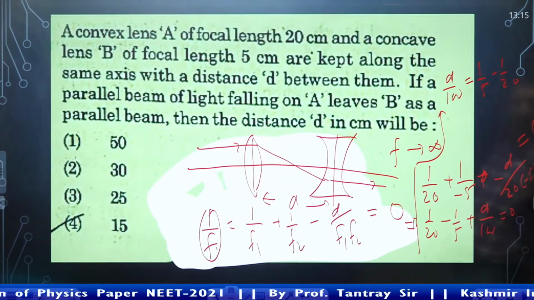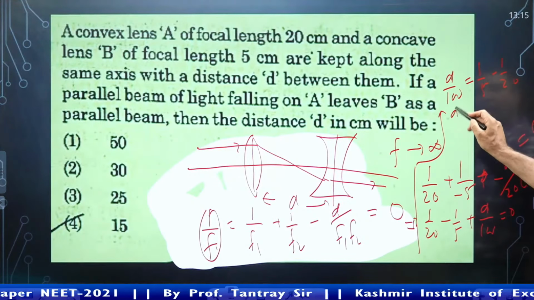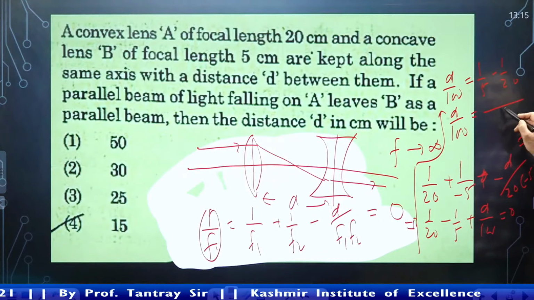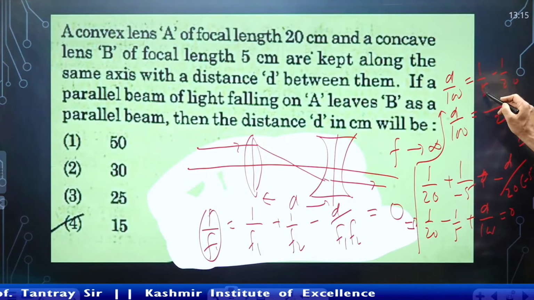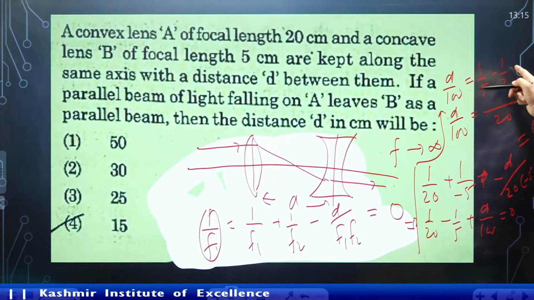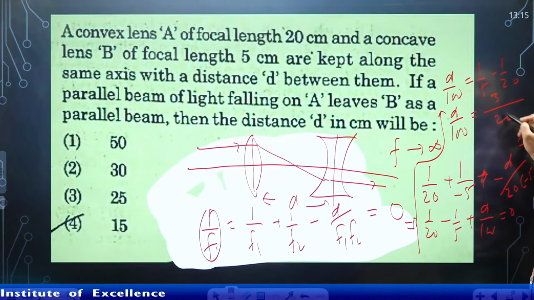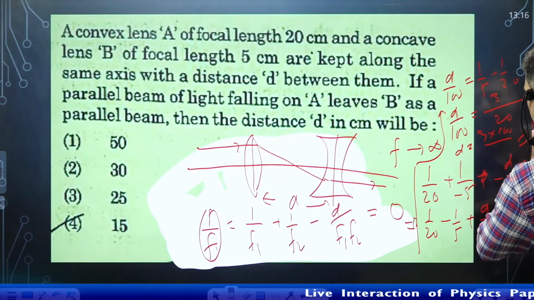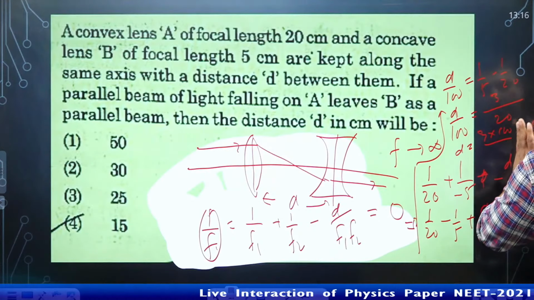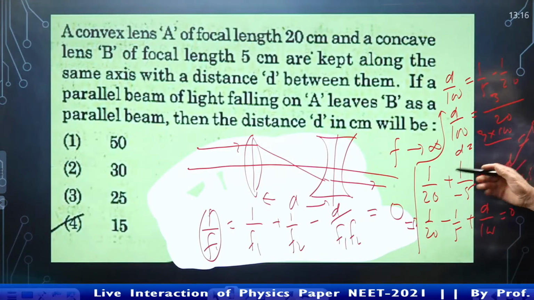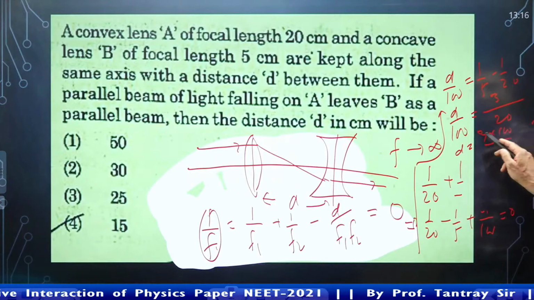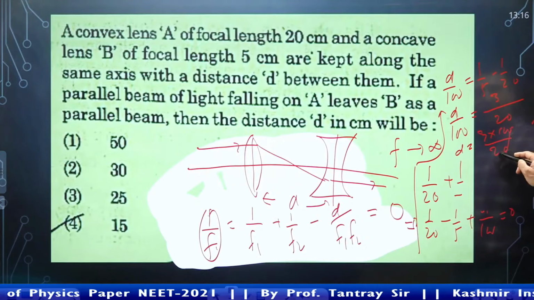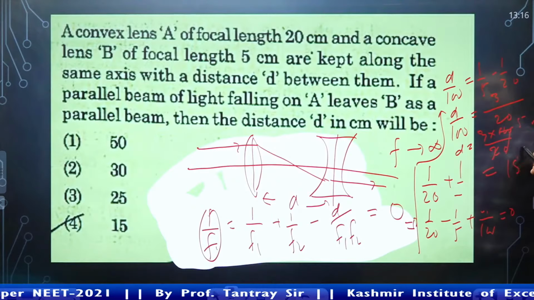When I put these two on the other side, d by 100 is equal to, LCM is 20, so 4 minus 1, that is 3 by 20. So d is equal to 3 times 100 by 20. That cancels, you get 15 should be the answer.